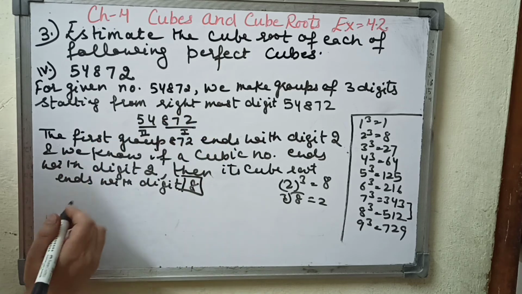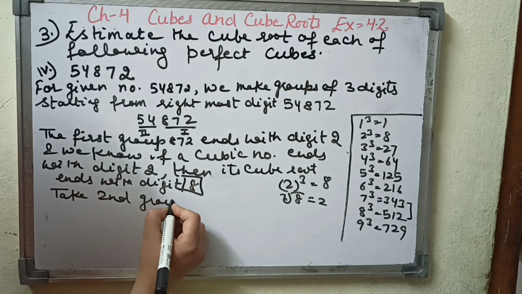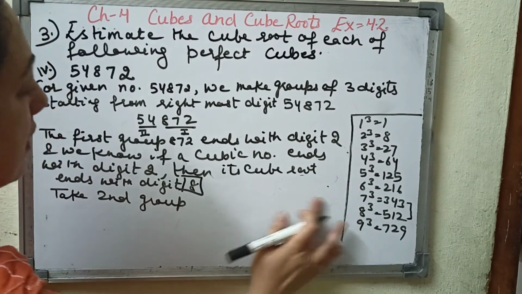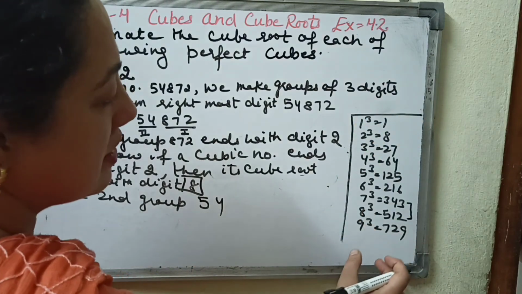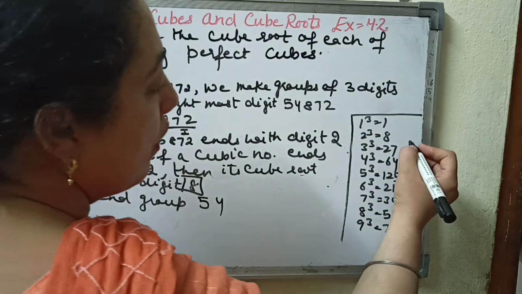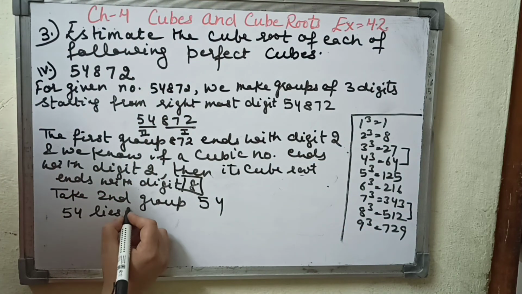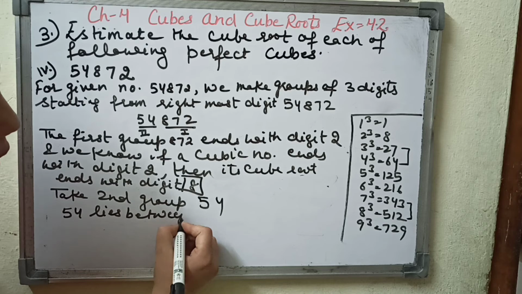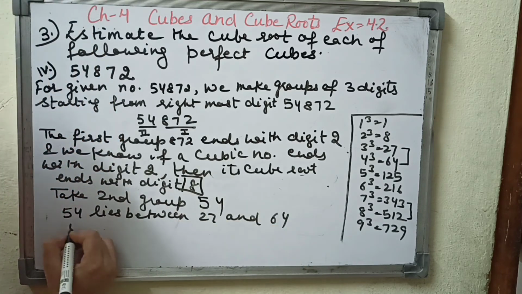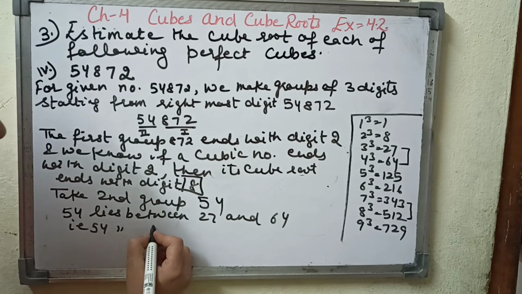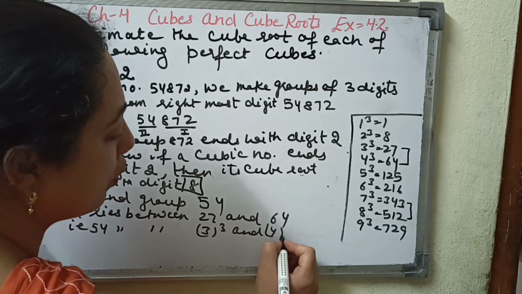Now I take the second group, and that is 54. Now in this table, just see where this 54 lies. 54 lies between 27 and 64. That is 54 lies between 3 cube and 4 cube.